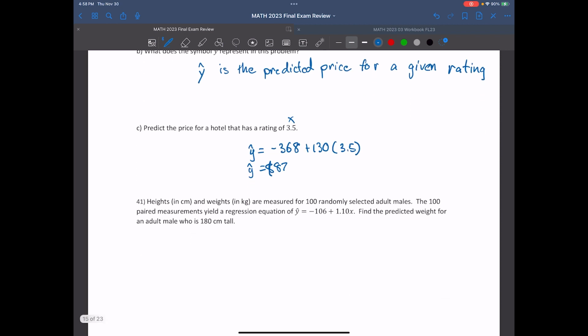In 41, same principle, except we did not have to go through the logistics to set up the equation ourselves. We're given this for y hat. We're asked to find the predicted weight for an adult male who is 180 centimeters tall.